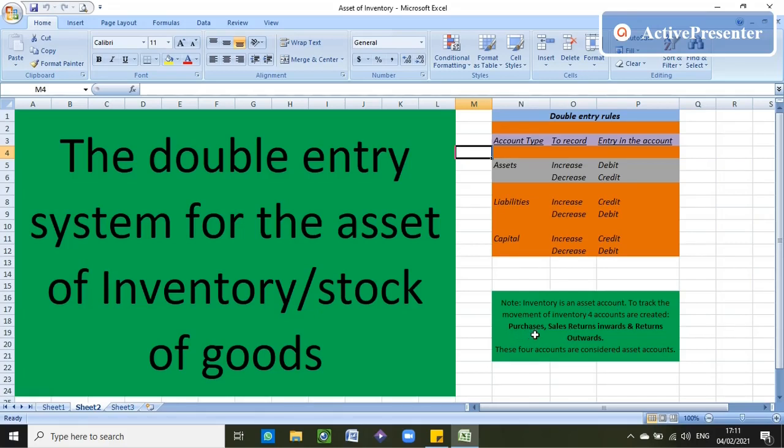Now, if I use purchases when I buy 1,000 books for my bookstore, then that means that inventory is going up for me because now I have books at my bookstore. So every time I use purchases, I need to show an increase on this account. And if purchases is an asset account, I will show that increase by doing a debit entry. Now, I have my 1,000 books.